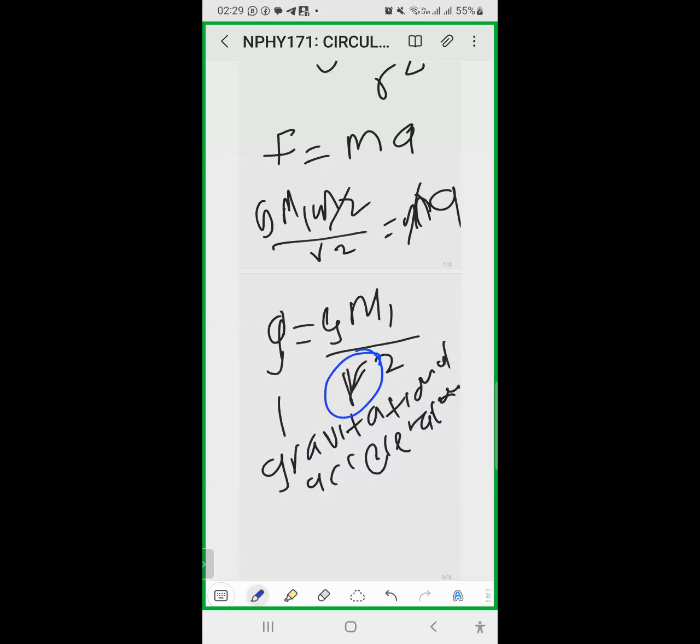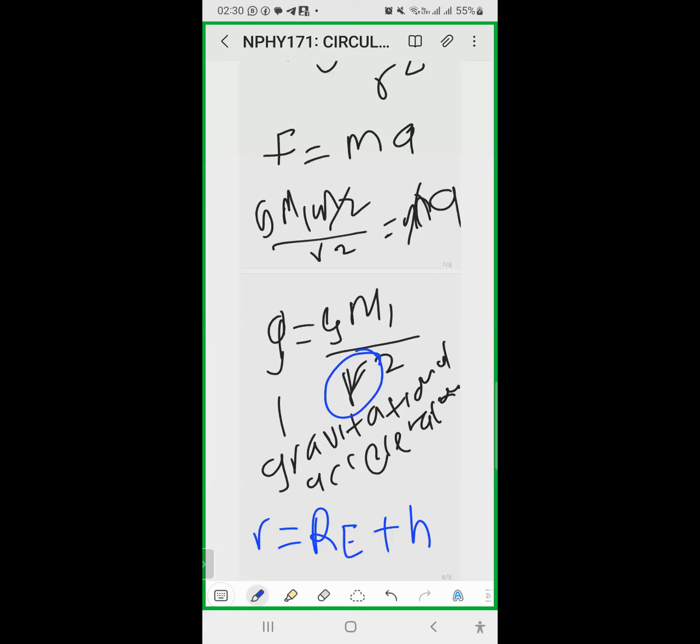This r is equal to the radius of the Earth plus the altitude, the height above the Earth's surface. So that is the first theory behind the universal law of gravitation.